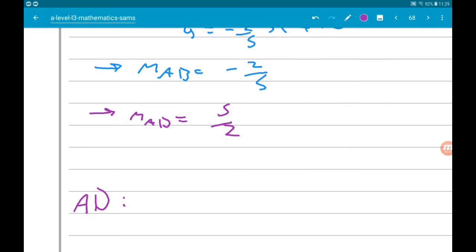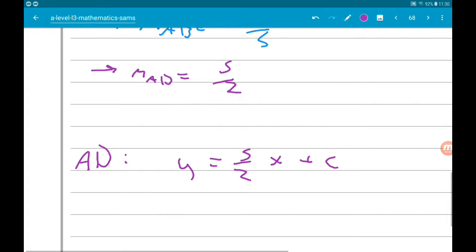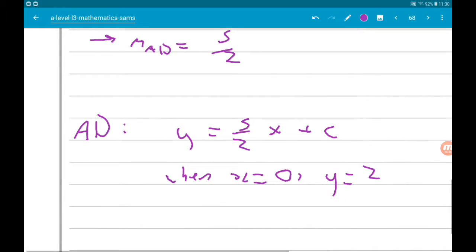So AD is of the form y is equal to 5/2 x add c. Now we also know when x is 0, y is 2. So that tells us that c is equal to 2.